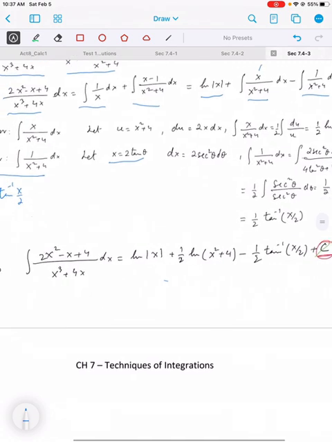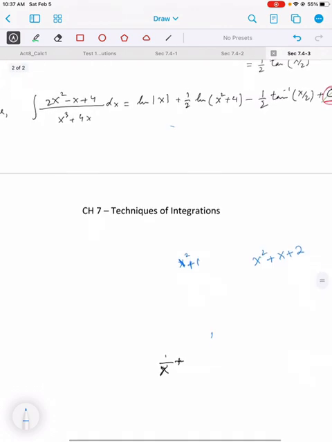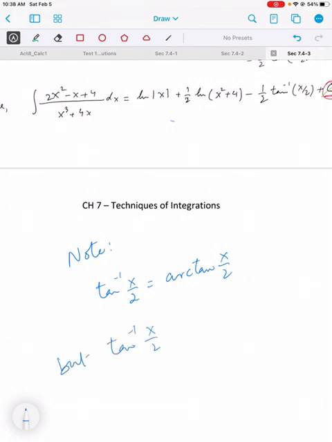Now note here, something I want to mention, that the tangent inverse of x over 2 is the same thing as arc tangent of x over 2. So you can also write it like this. But tangent inverse of x over 2 is not 1 over tangent of x over 2.